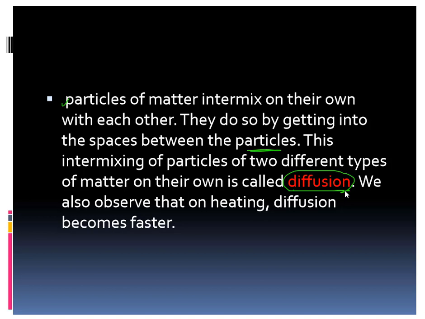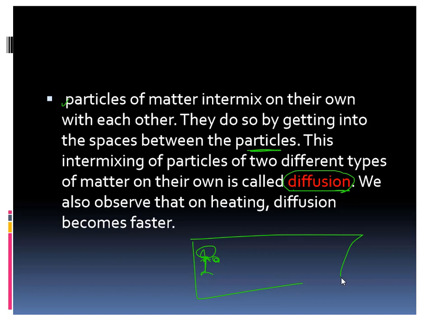The best example of diffusion: all of you might have been using deo and perfume at your home. So you are using perfume in this place in your room.